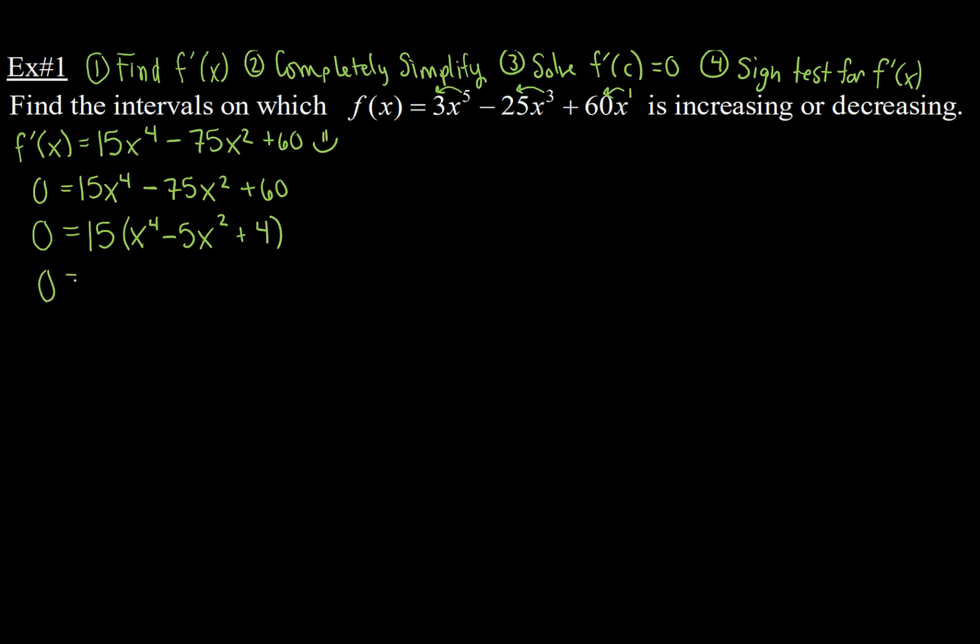All right, next, and it might not be that apparent to you, but what we have in here is what we call quadratic in form, and we can definitely factor this. For example, would you know how to factor this equation? So if I had u squared minus 5u plus 4, what does that factor into?